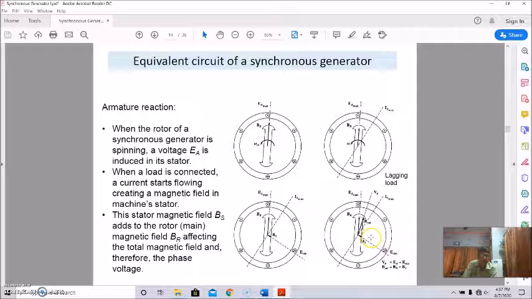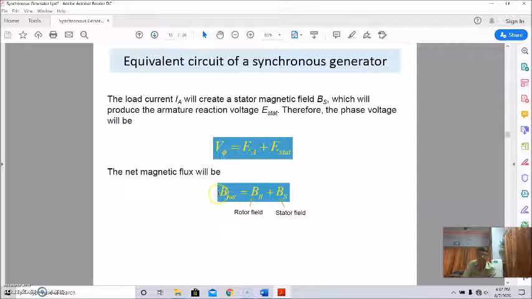As a result, we can conclude: the net magnetic flux will be B net equal to Br plus Bs, and the phase voltage should be equal to the excitation EMF or induced EMF in the stator plus the armature reaction voltage.